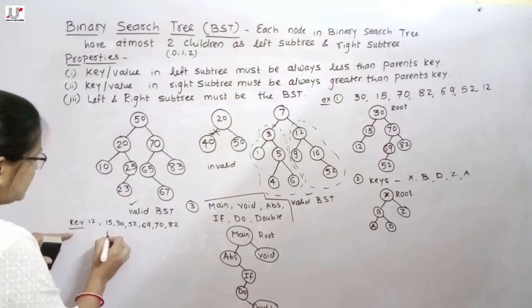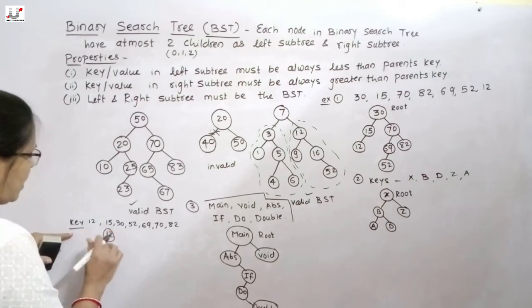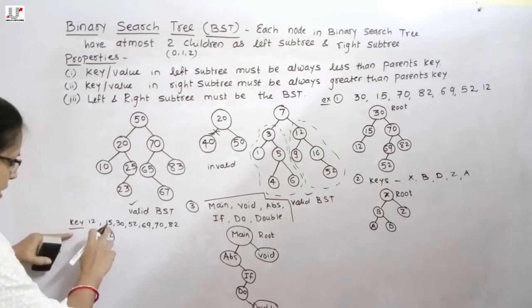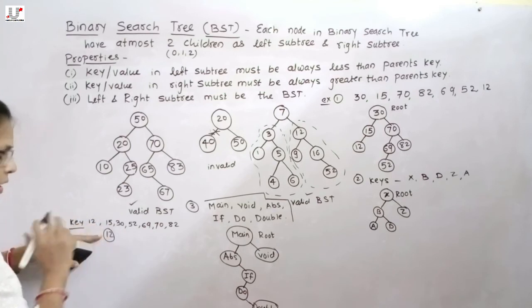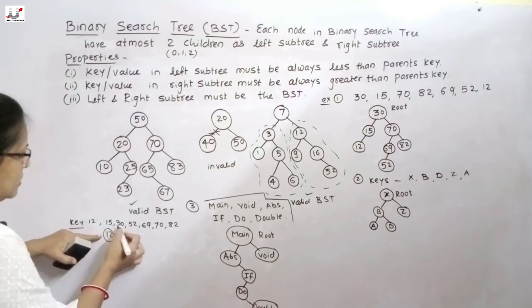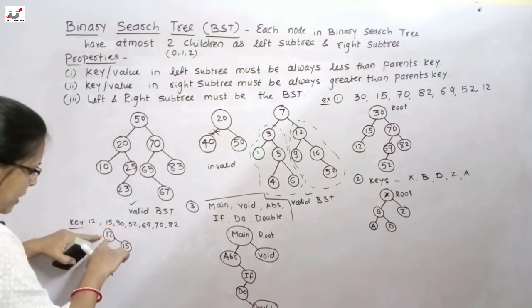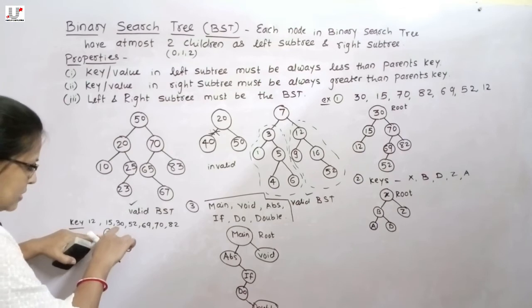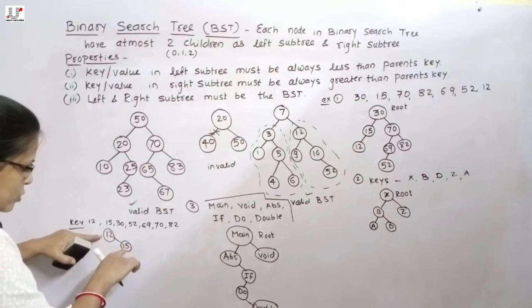12, as the binary tree is empty, so 12 becomes the new root. Then 15, as 15 is greater than 12, so 15 gets added to the right of 12. Then 30 gets compared with the root node first. It is greater than 12, so move to right.